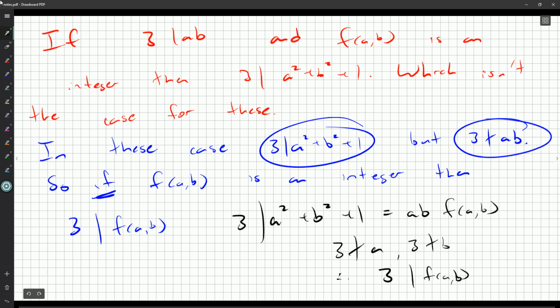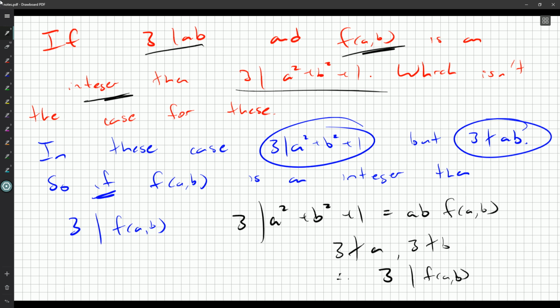And of course in the red cases we've shown that f(a,b) can't be an integer because 3 divides ab, but then 3 would have to divide a squared plus b squared plus 1 in order to not be left with a 3 in the denominator. So I'd say that's clear for C.